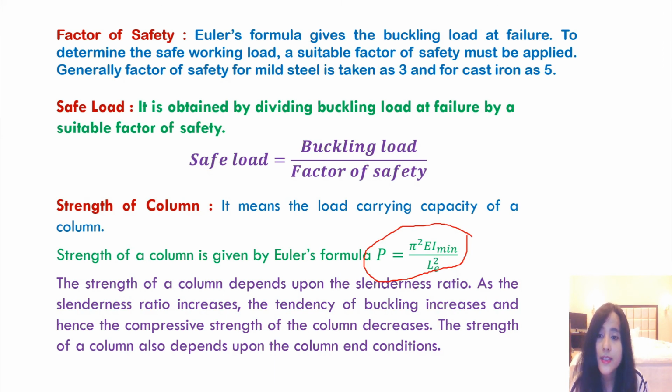Again, the strength of the column depends on slenderness ratio. When the slenderness ratio increases, at that time the compressive strength of the column decreases. The strength of the column also depends upon the end conditions of the column, meaning whether it is fixed, free or hinged, it will also depend on those conditions.